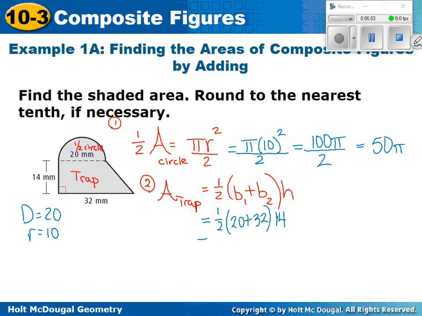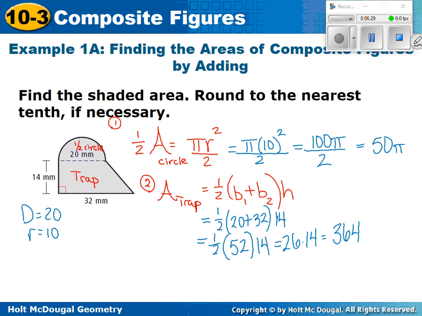All right, what is 20 plus 32? 52. And what is half of 52 times 14? 26 times 14, which is? What is it? I'm sorry? 364. Somebody agree with Kirsten?